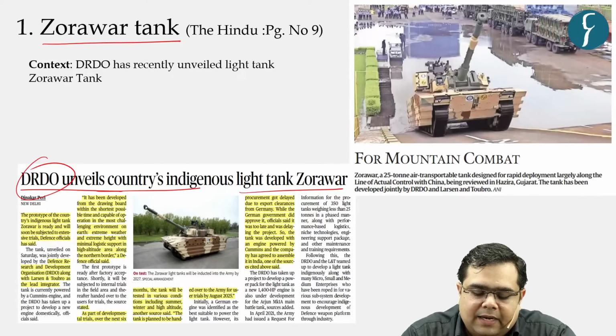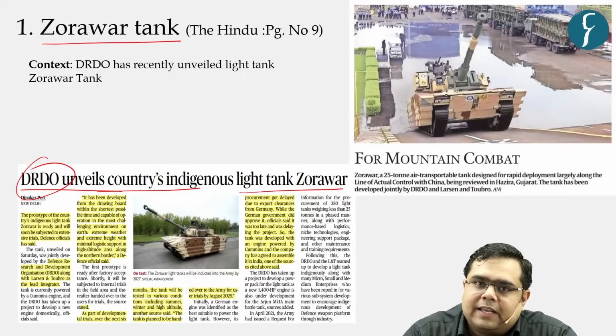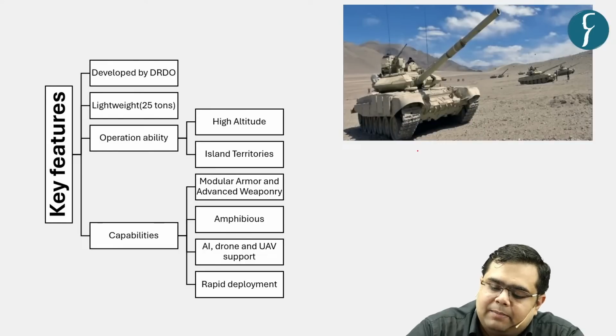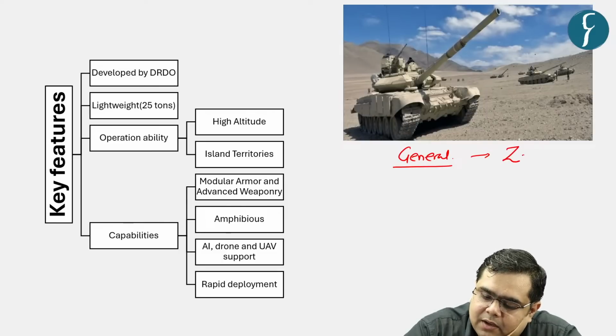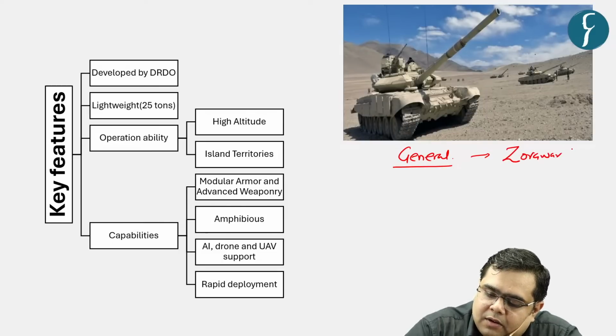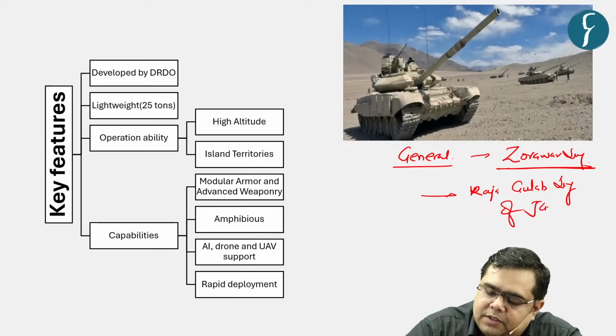In the course of my research, I came to know that this tank is named after a general, that is General Zorawar, not Zorawar Khan, he was the general of Raja Gulab Singh of Jammu.